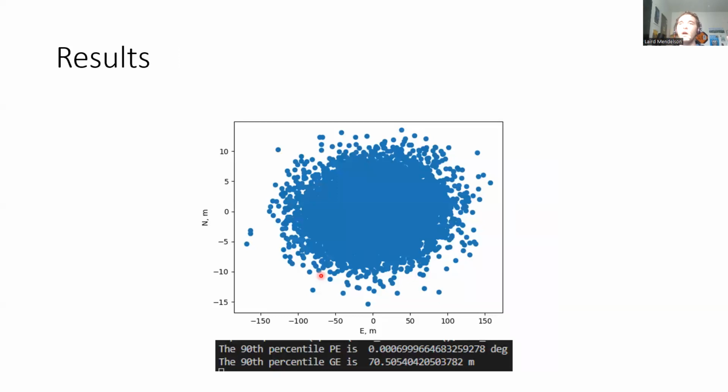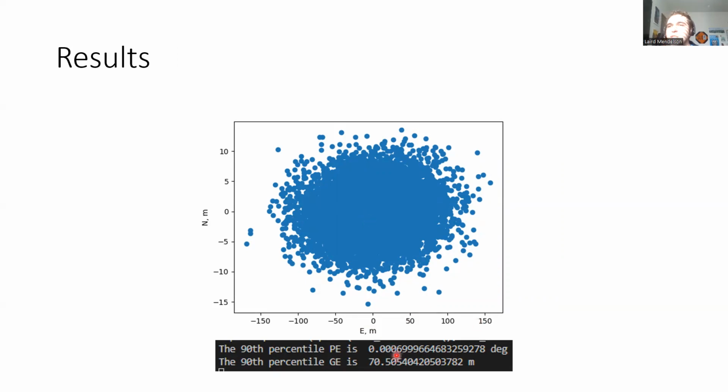So on the Earth's surface, we get about 150 meter spread east-west, and like a 10-15 meter spread north-south. Obviously, again, centered at 0, 0.